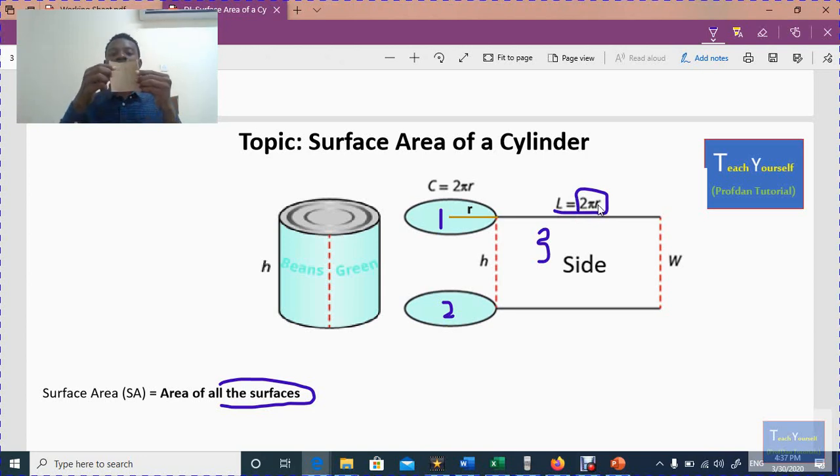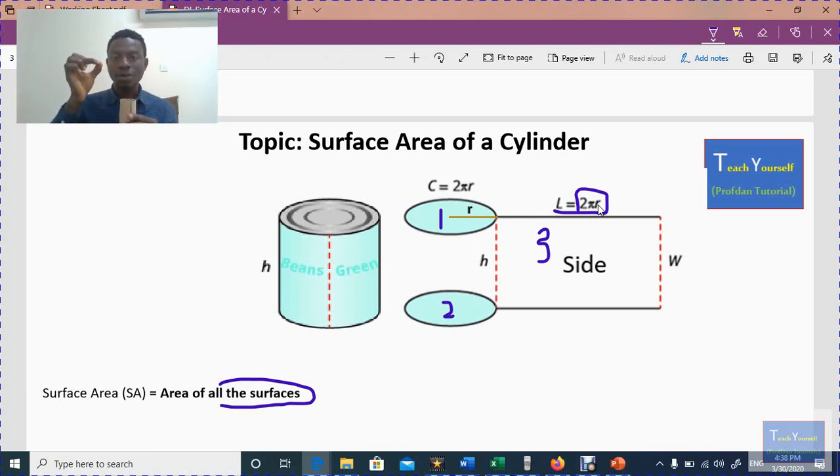Okay, so if this is a rectangle, the formula for finding the area of a rectangle, if you remember, is simply multiply the length by the width. Okay, the length by the width. And we have confirmed that this length of the cylinder, or this length of the curved part, is the same as the circumference of a circle.